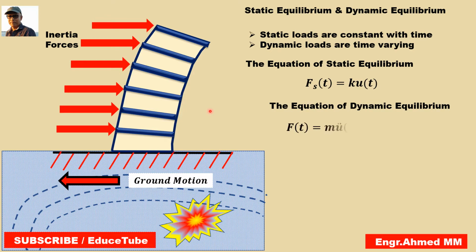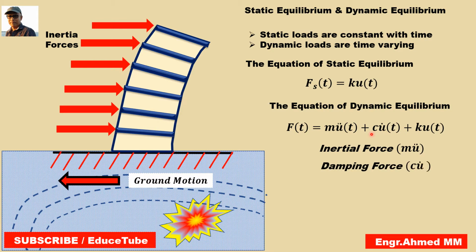So let's write the equation of dynamic equilibrium. If we compare these two, additional forces are added in this equation. So what are these two forces? One is inertial forces, another is damping forces, and the third one is the same as this one.